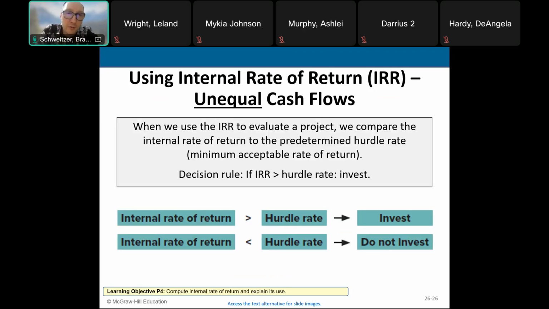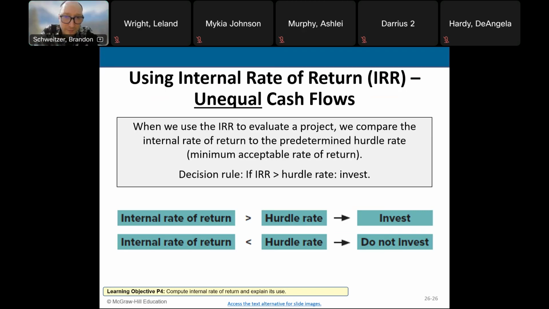When it comes to unequal cash flows for calculating the internal rate of return, it of course becomes a little bit more complex, but the way to make the decision here is that as long as the internal rate of return is above the hurdle rate, then we make the investment decision. If the internal rate of return is below the hurdle rate, we do not make the investment.